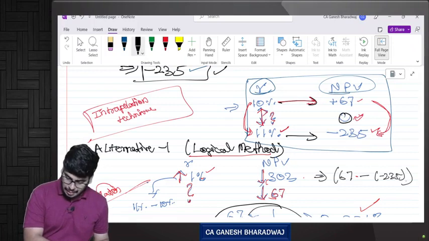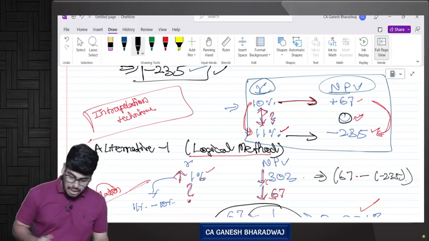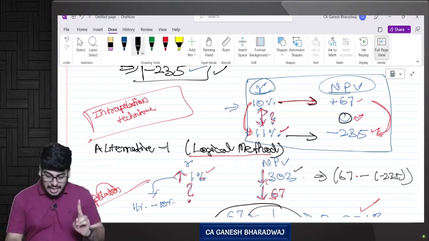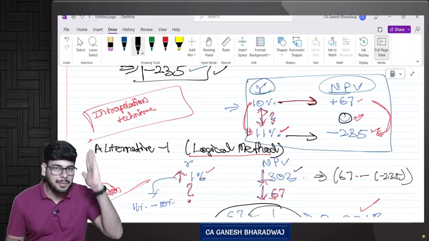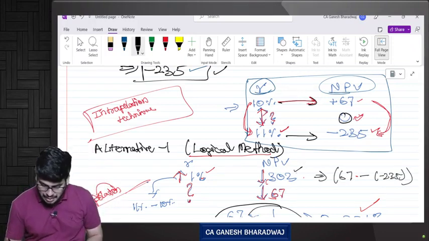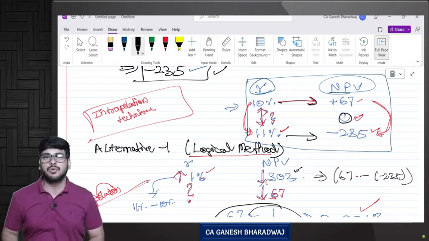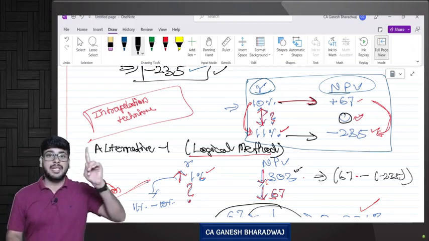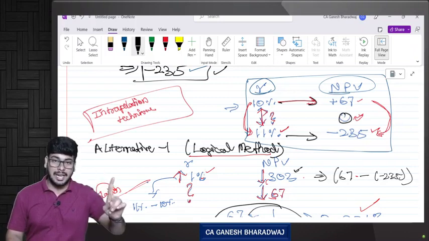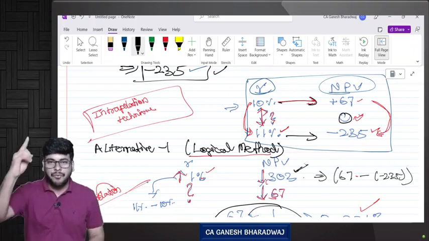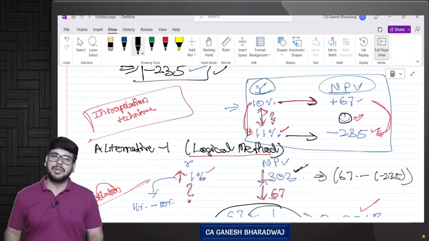This is nothing but 67 plus 235. So can I say for an increase in the rate by 1%, my NPV has fallen by 302 rupees. Are you clear with this? For every 1% increase in the rate, NPV falls by 302 rupees. Correct or not? This is one conclusion you can draw.